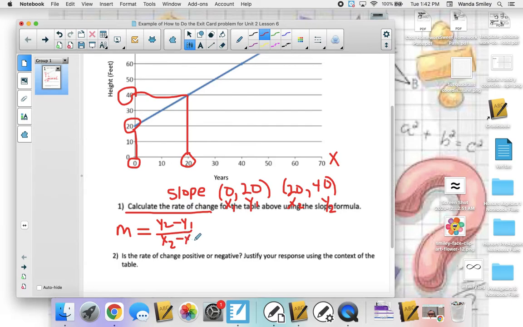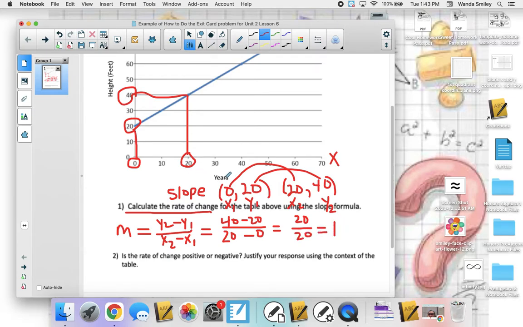All we do is plug our numbers into the formula. I have 40 minus 20 in the numerator for my y's, and in the denominator, 20 minus 0 for my x's. So 40 minus 20 is 20, and 20 minus 0 is 20, so 20 over 20 is the same thing as 1.